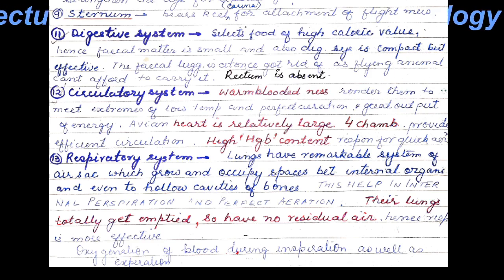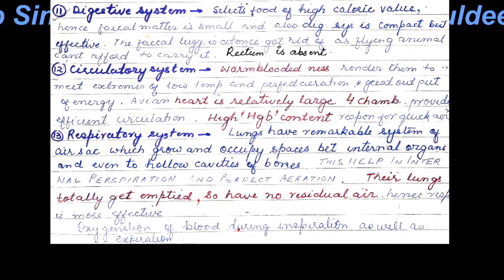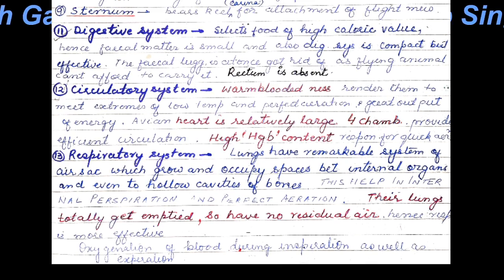Their lungs totally get emptied, so have no residual air, hence respiration is more effective. Counter to the human body, which has residual air remaining in the lungs even after forceful expiration. So this is one of the unique physiological adaptations, that the bird's lungs could void all the air which is contained in them.